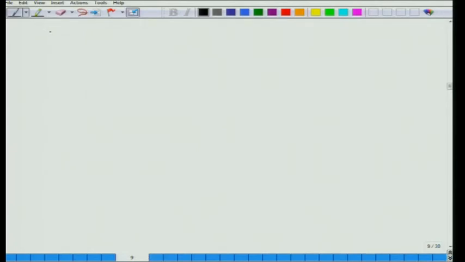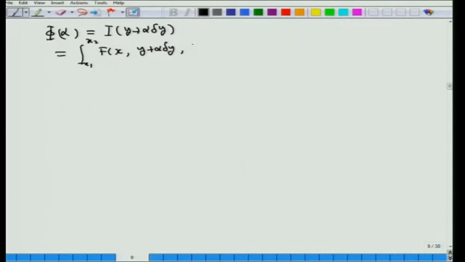We consider this phi of alpha, which is I of y plus alpha delta y, and so this is equal to the integral from x 1 to x 2 of f of x, y plus alpha delta y, y prime plus alpha delta y prime, and so on, y n plus alpha delta y n, dx.